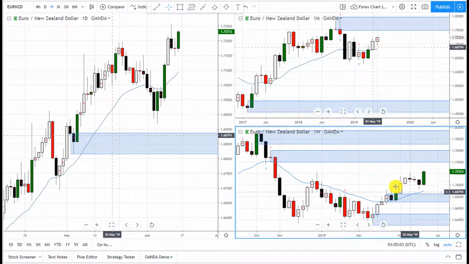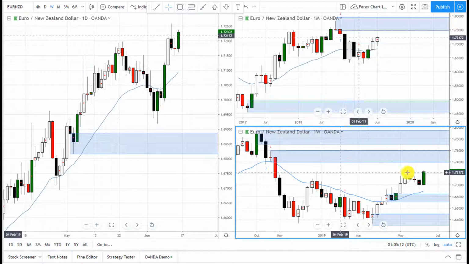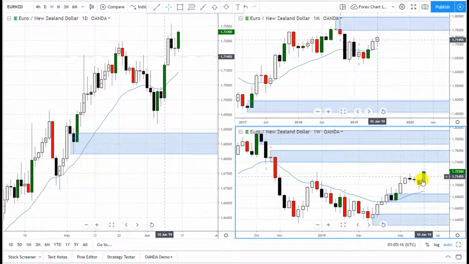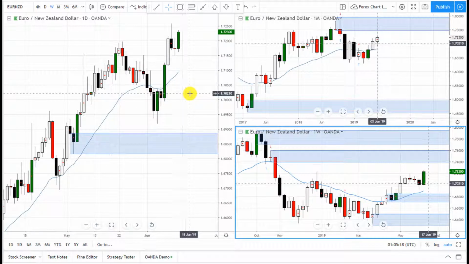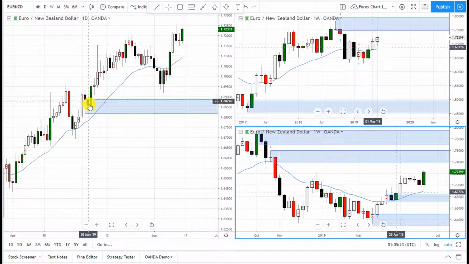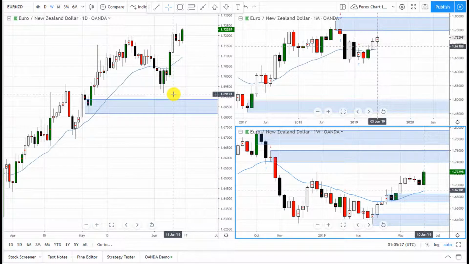And so this is what's going on the weekly. It fell short of our demand zone, almost touched this EMA line, and then it rallied, forming this bullish engulfing green candle here. Okay, on the daily, we see that this is where we previously wanted to go long and price almost retraced to it.